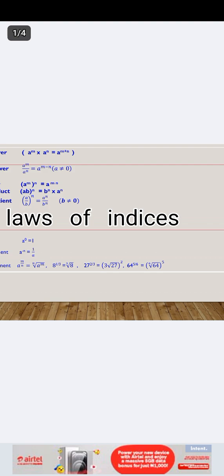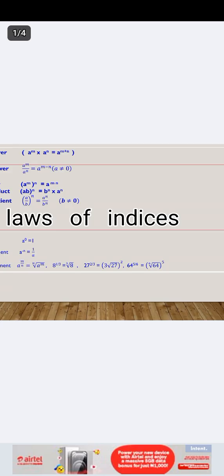Having found out that the bases are the same, you then need to identify the operation involved. Is it multiplication? Is it division? Whatever it is, after identifying the operation involved, the next thing you will do is to apply the rules of indices as we are going to unveil now.